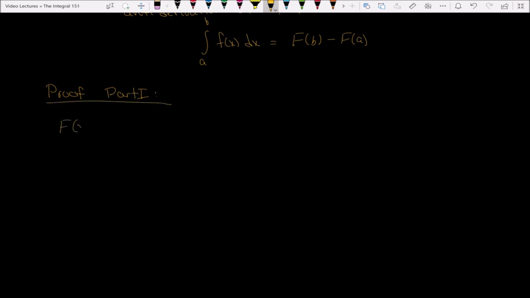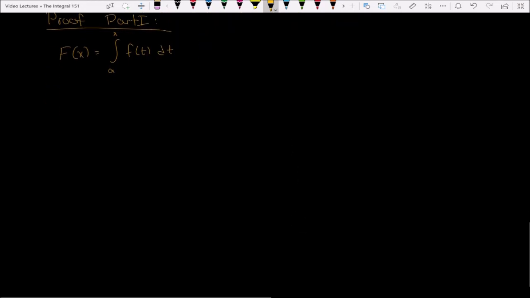We obviously define big F of x as the integral from a to x of little f of t dt. What we're going to do is use the limit definition. That is, big F prime of x is equal to the limit as h approaches 0 of big F of x plus h minus big F of x all over h.